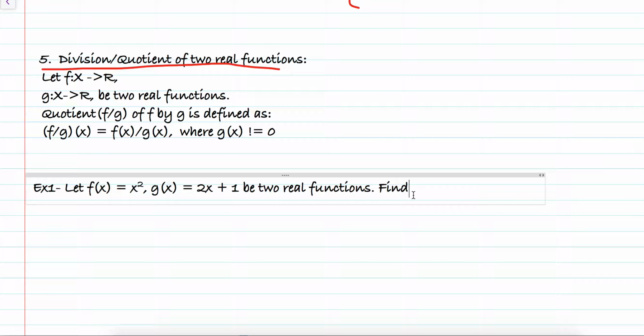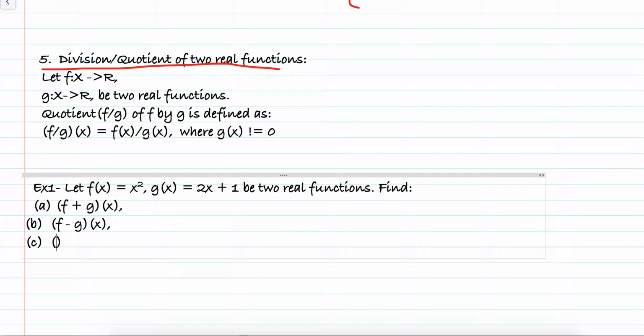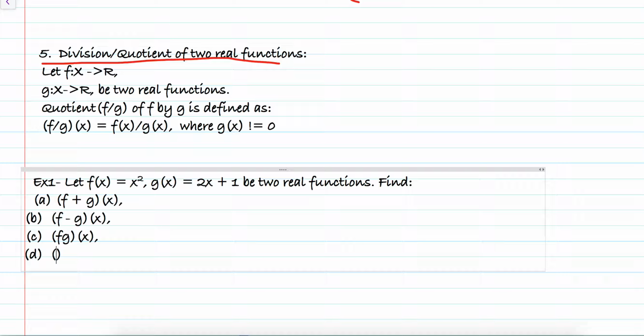Then we are asked to find (a) f plus g, so this is for addition, so we have to find (f plus g)(x), (b) (f minus g)(x), (c) (fg)(x), and (d) (f divided by g)(x).